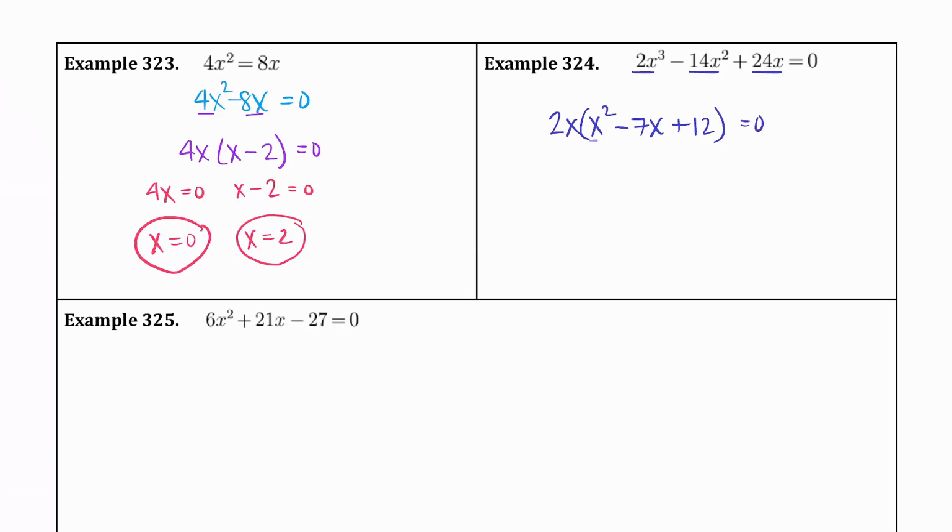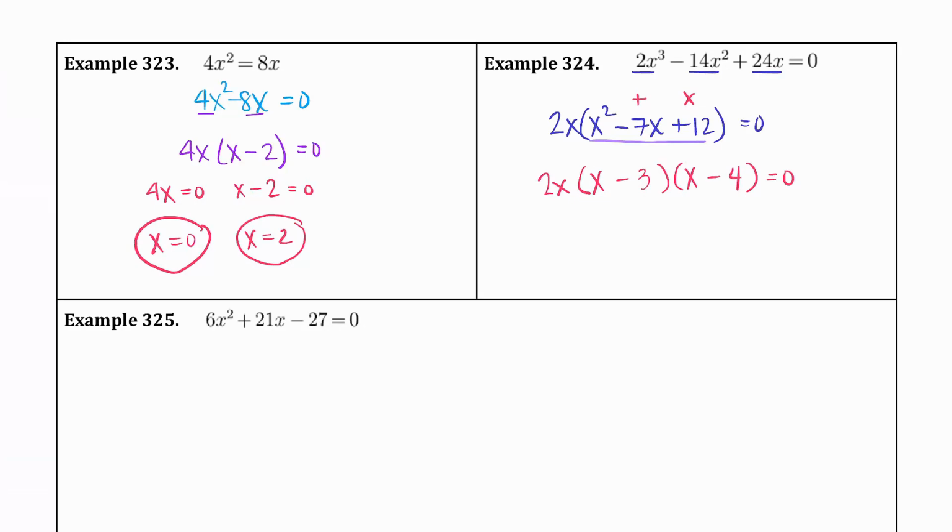We've got a nice quadratic to factor inside of here where my a is 1, so those are the ones we like to factor. We're going to keep our greatest common factor on the outside. And all we have to do is think of two numbers that multiply to give me 12 and add to give me negative 7. Well, we're going to have a negative 3 and a negative 4.